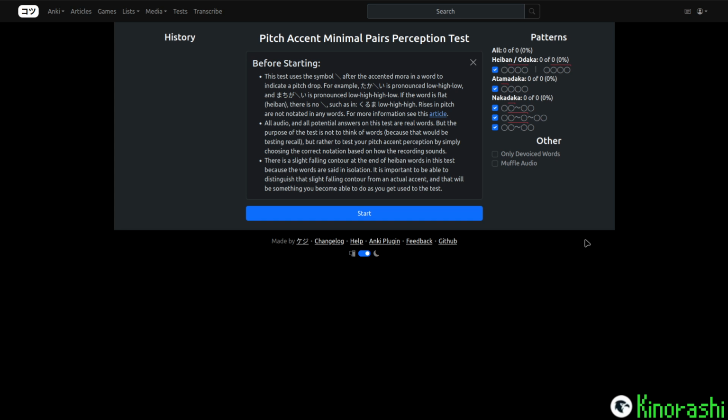This thing about ou, just being after an o, means to extend the o sound. That actually might be a good explanation for why Tokyo is spelled the way it is in romaji.